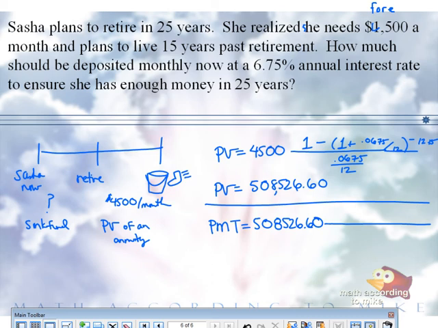We're going to have 0.0675 over 12, over 1 plus 0.0675 over 12, and how many years are we doing this one for? 25. So 12 times 25, minus 1.